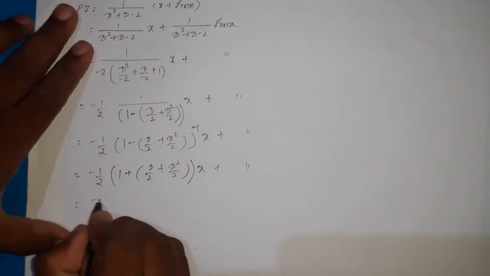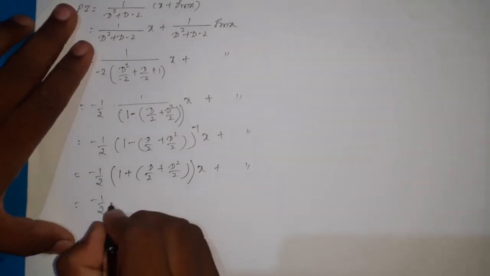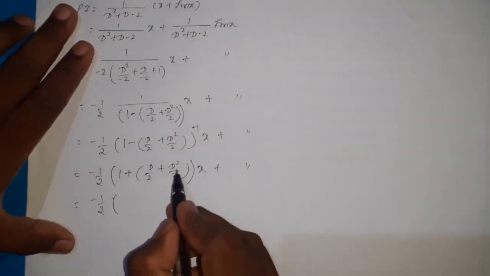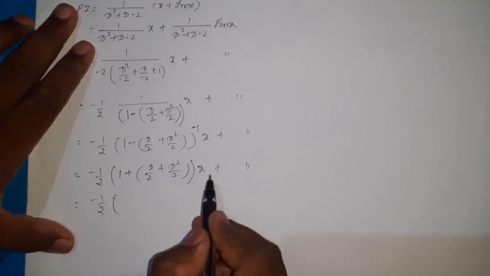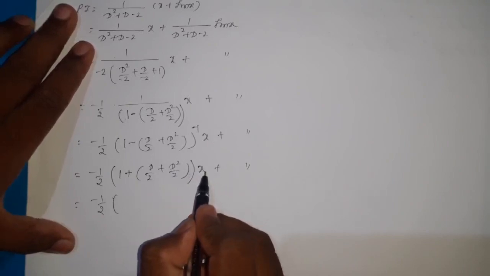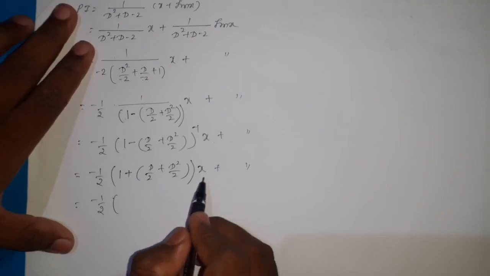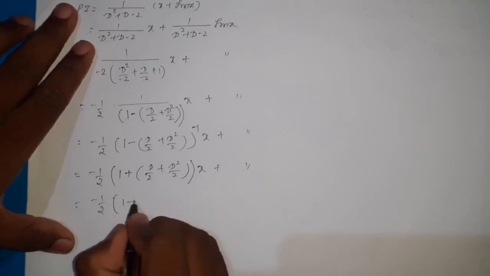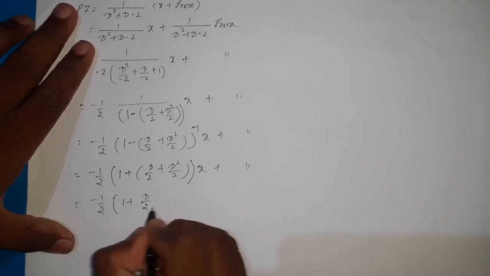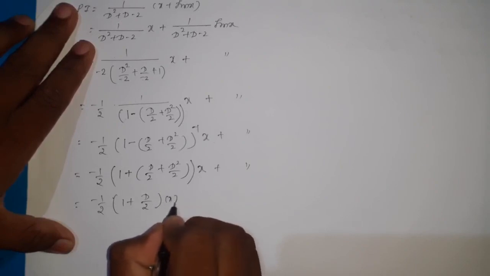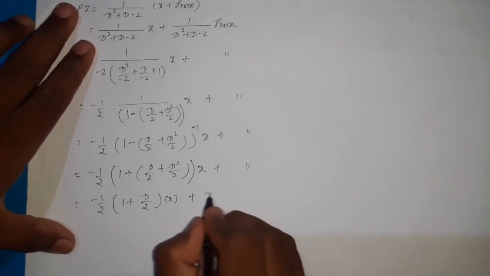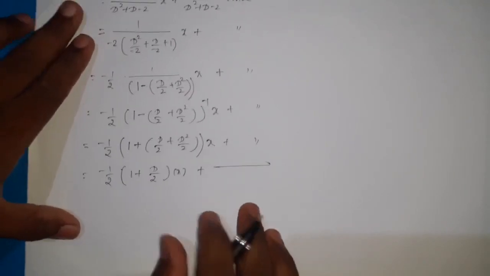Then it is equal to minus 1 by 2. Here the value of d square is 0, since the power of x is 1, so therefore its second order derivative is 0. So therefore consider only 1 plus d by 2 into x. This you will get the solution.